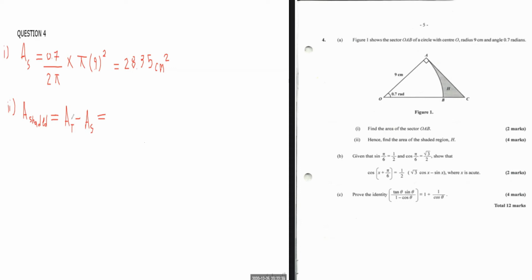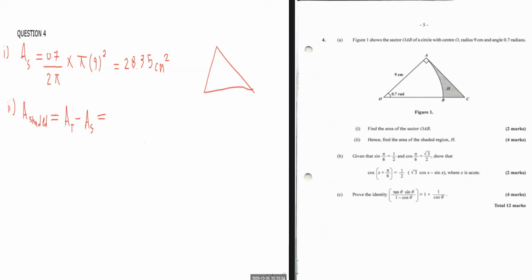Now the area of the triangle. To find the area of the triangle, the triangle is right angle. So first thing I want you to picture is look at this. This is the triangle, all right? We only know one side on the triangle.